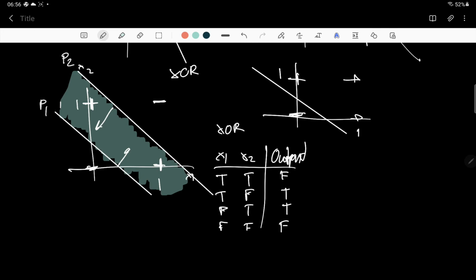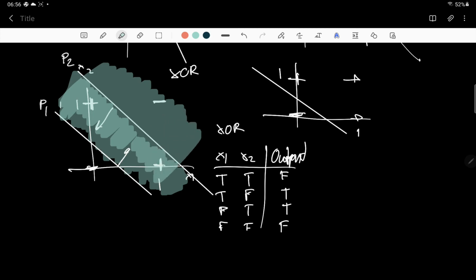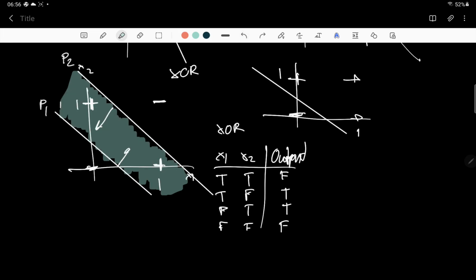Okay, and we plan that this side of P1 will be the positive, according to the direction of this arrow.